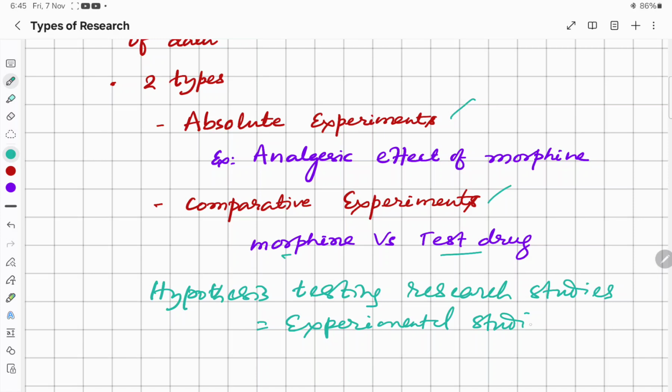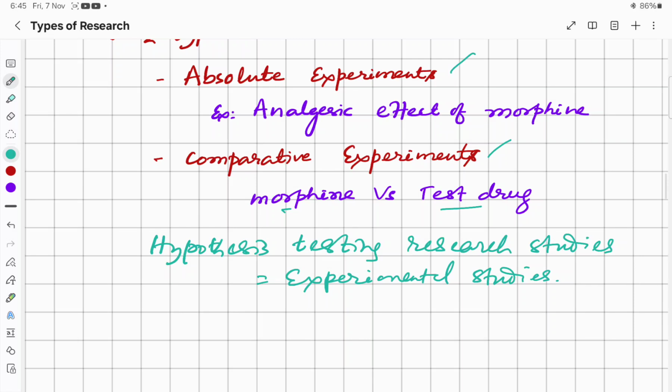Hypothesis testing we will discuss in detail in another class. But for now, in hypothesis testing, the researcher tests the hypothesis of the causal relationship between variables. And what is hypothesis? Hypothesis in statistics is simply a quantitative statement about a population, or we can say it is an assumption that we make about a population parameter.